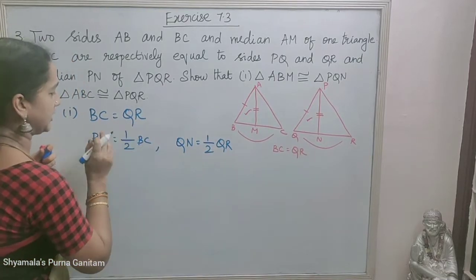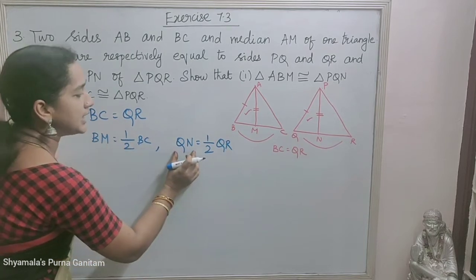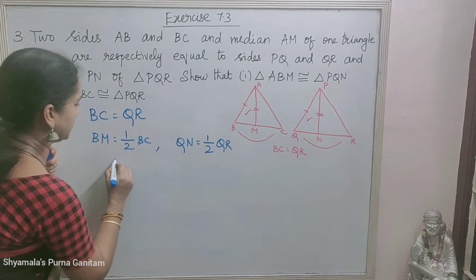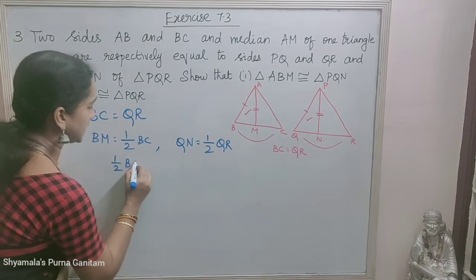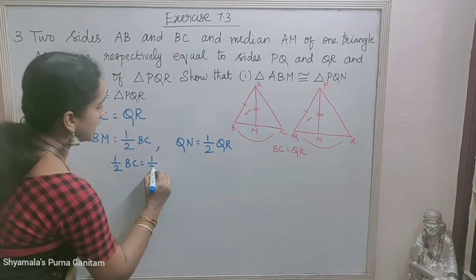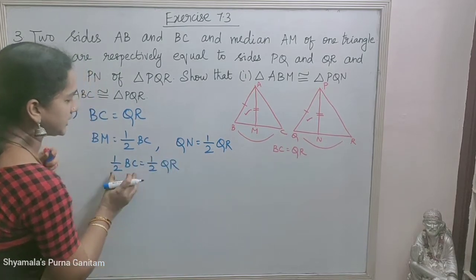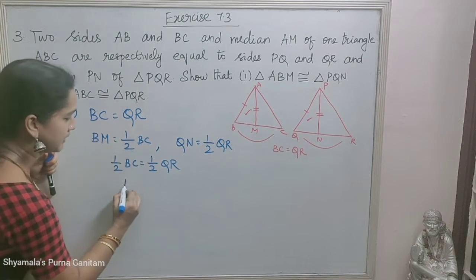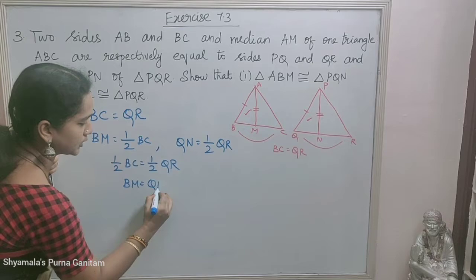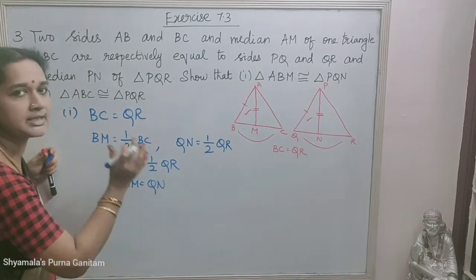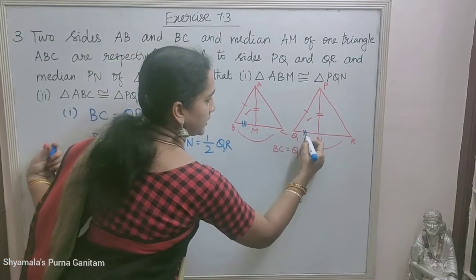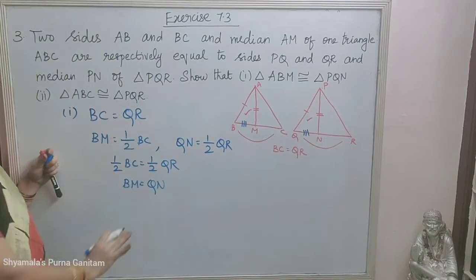So from the given statement we can say that BM is equal to QN. So I will write this one more time, that is half BC is equal to half QR. So this half BC is nothing but BM and this half QR is nothing but QN. So what we got now? BM is equal to QN. So this one we got from the given proof.